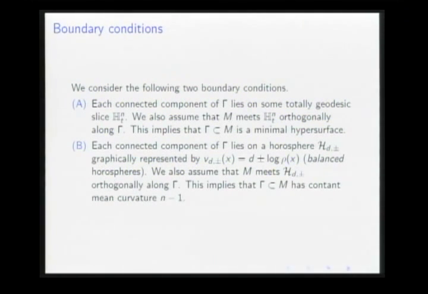These two horospheres here we call balanced horospheres. And I assume that M meets the horosphere orthogonally because I want to guarantee that the curvature is constant, equal to n minus 1.